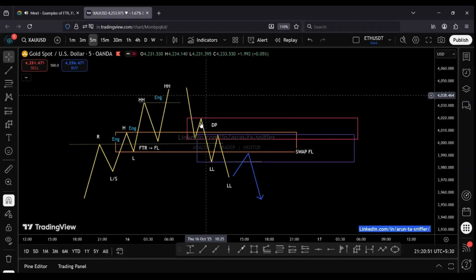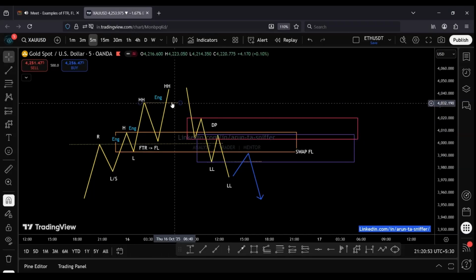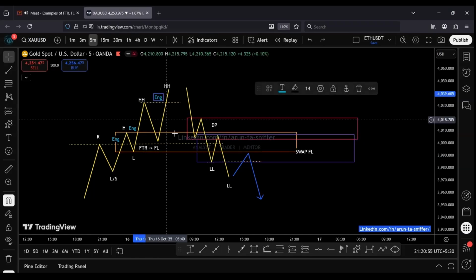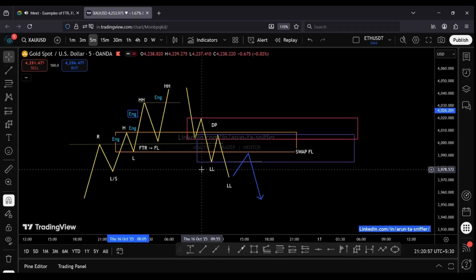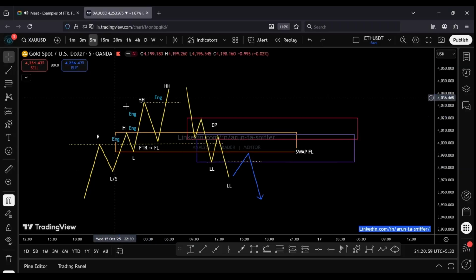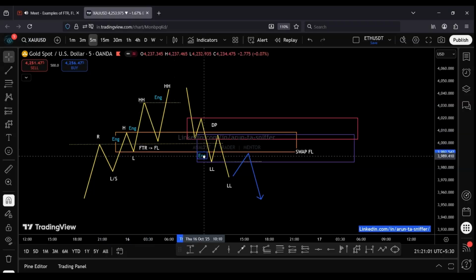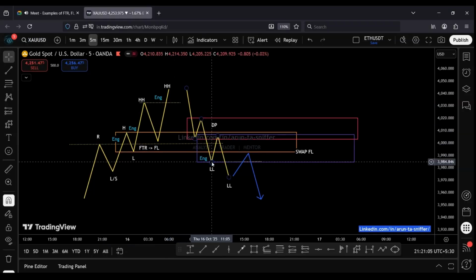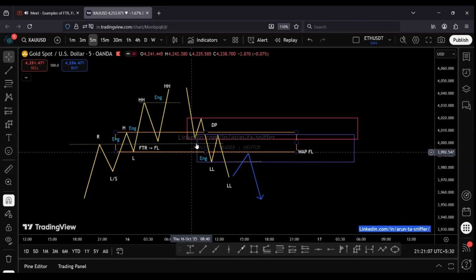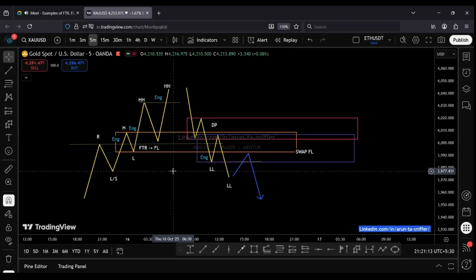Whenever price crosses here, and here, this lower low is crossed, posting a lower low. This now will be called engulf.